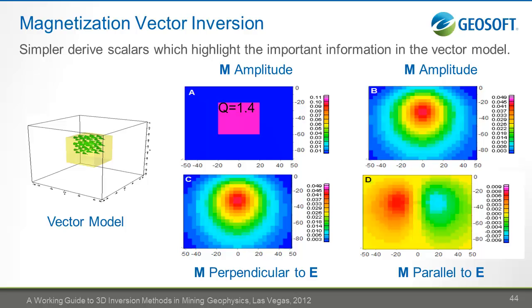And in this image I'm also showing you the parallel component. Now this color scale is an order of magnitude more sensitive than these other color scales, so this is actually a very, very small component of the magnetization, indicating that there is very little component in the Earth's field direction.